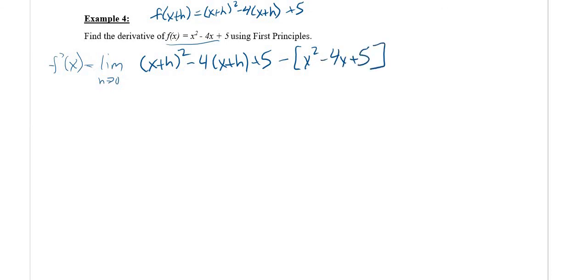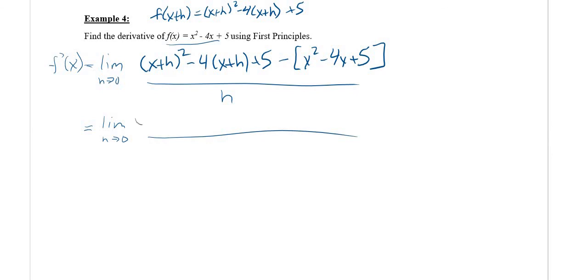And I'm going to put some brackets around that function. So remember that that minus carries over to everything. Otherwise, the math is not going to work out correctly. You're not going to be able to get rid of your h, and it'll still all be for nothing. So now that we have this, let's simplify a bit. We have (x plus h) squared.